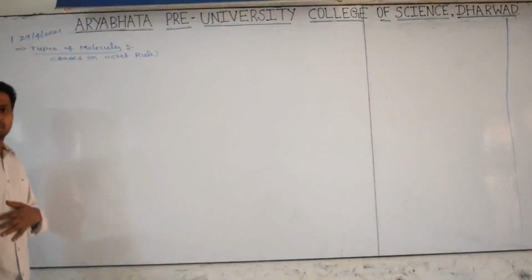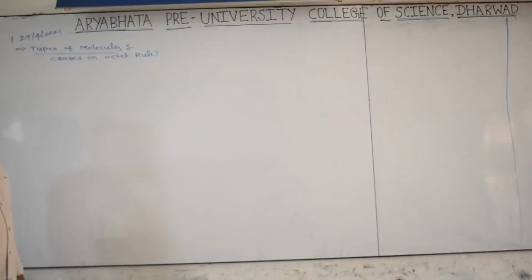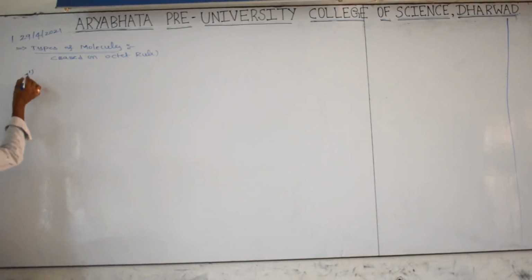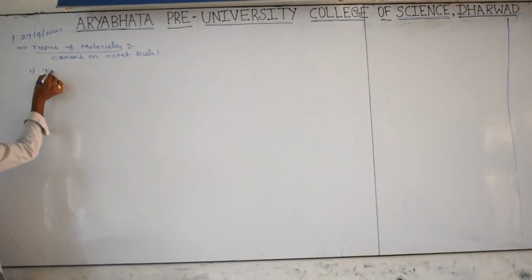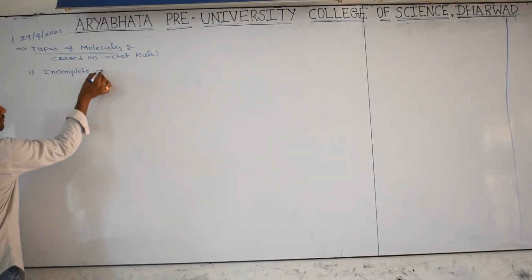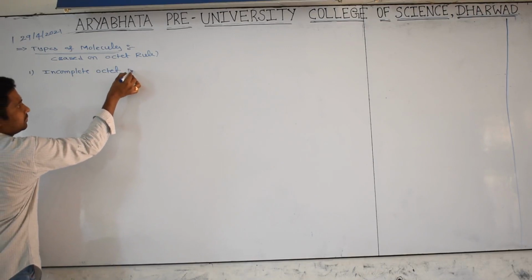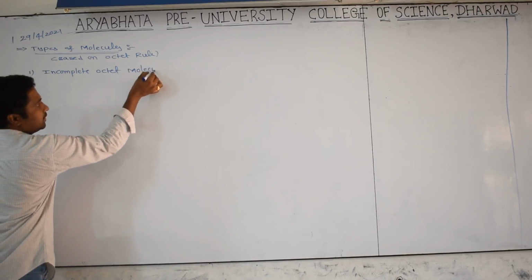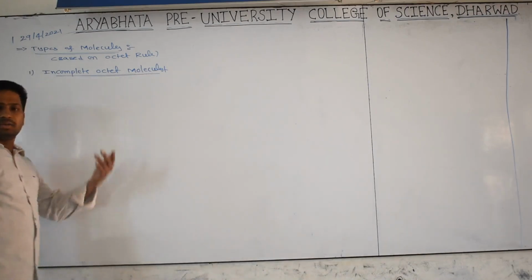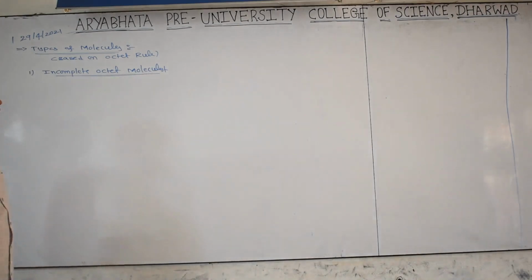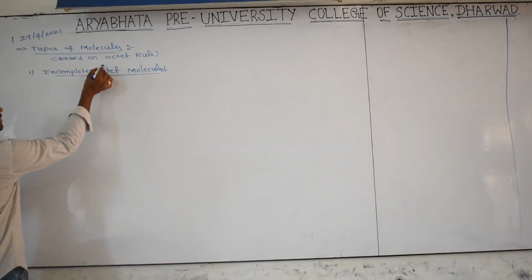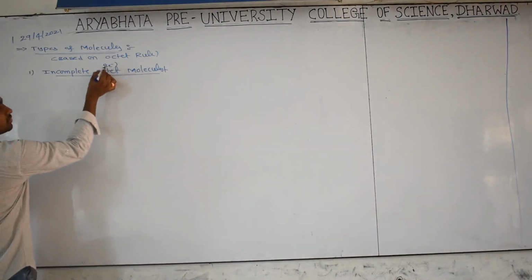See types of molecules. Based on the octet rule, we have four types of molecules. The first one is incomplete octet molecules. Incomplete octet molecules: you know very well, octet is nothing but 8 electrons.